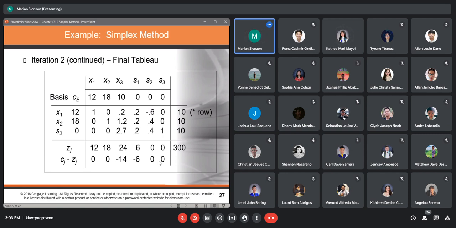You go back to your objective function: is it maximization or minimization? If maximization, can I still improve? It should be positive. If it is minimization, can I still improve? This is reduction, reduction. Yes, I can. Did you get me?